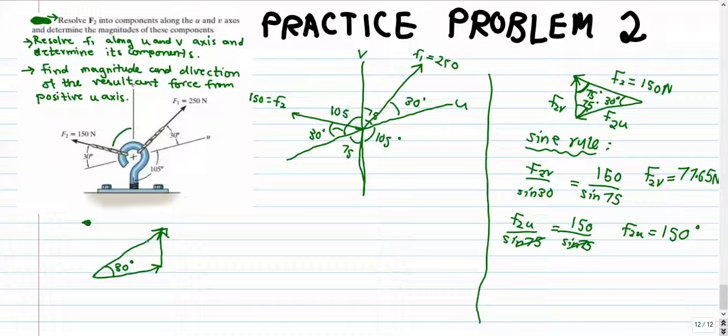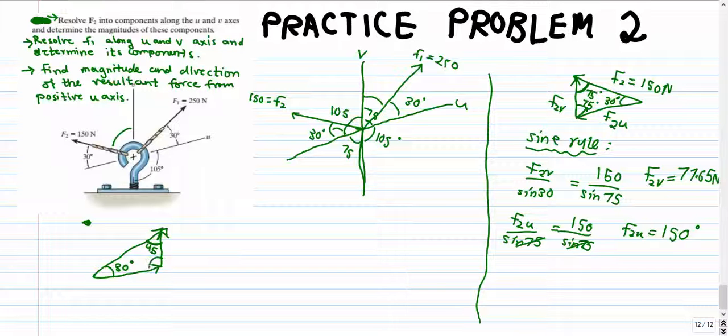We can find this angle as this is the angle between the force F1 and the v-axis. In other words, this angle right here. And this angle is the difference of 30 and 75 degrees. So the answer that we get is 45 degrees.